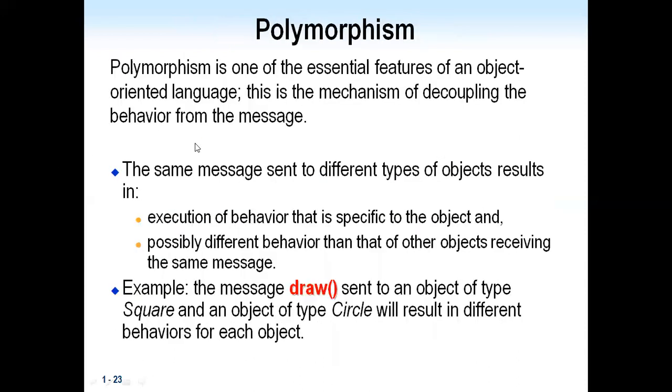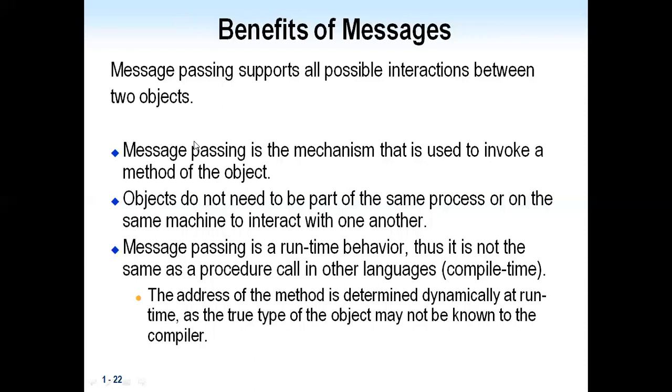So the main benefit is that it performs some actions. Sometimes objects receive messages from other objects. Suppose in a library management system, to issue any book, the librarian receives a request from a student. So for the librarian to perform some operation, it must receive a request from another object, that is, students or faculty.